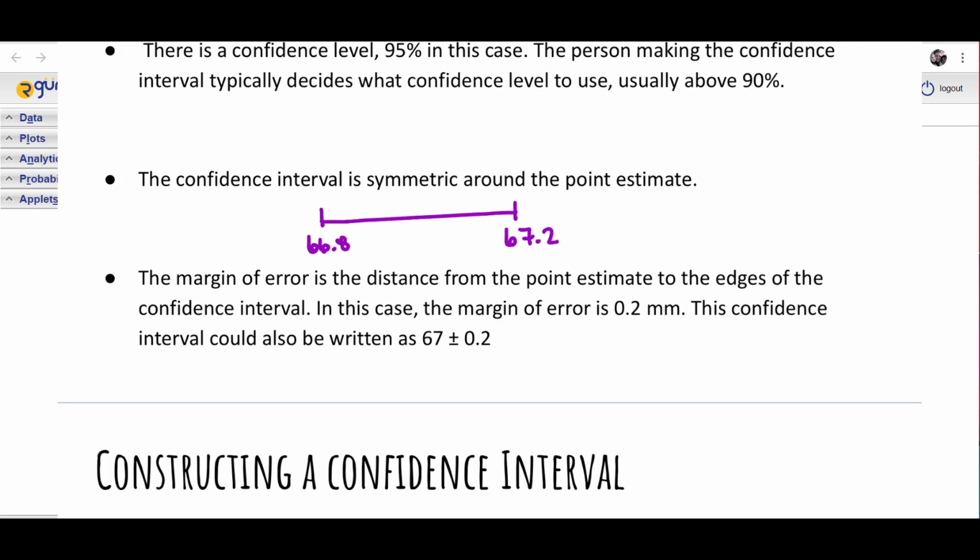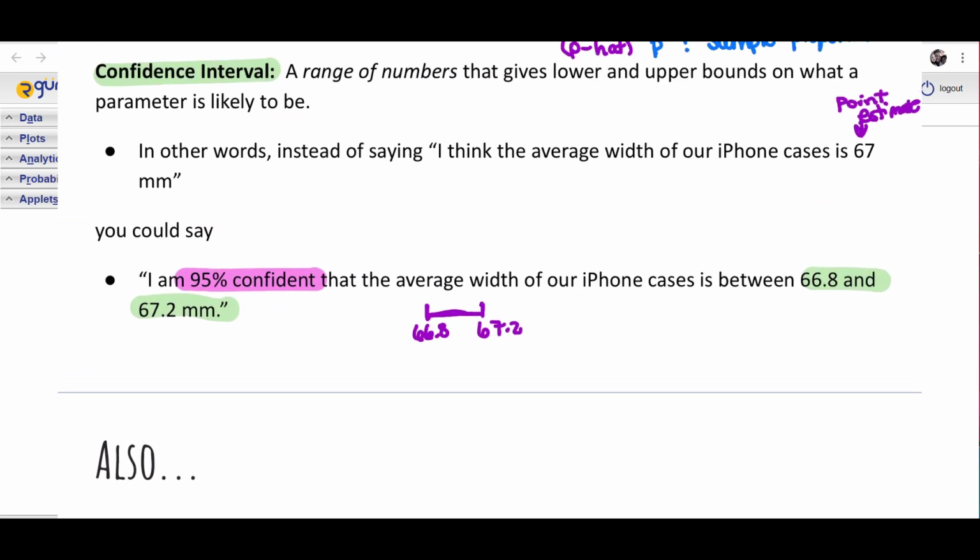So we are 95% confident that the true mean falls somewhere between those two numbers. Those two numbers are a range, but they are symmetric about the point estimate, and the point estimate was the sample mean, which we said was 67.